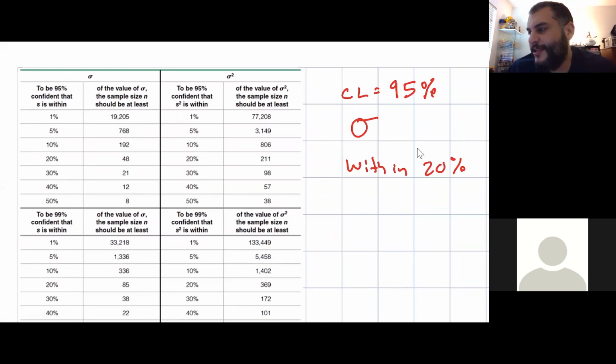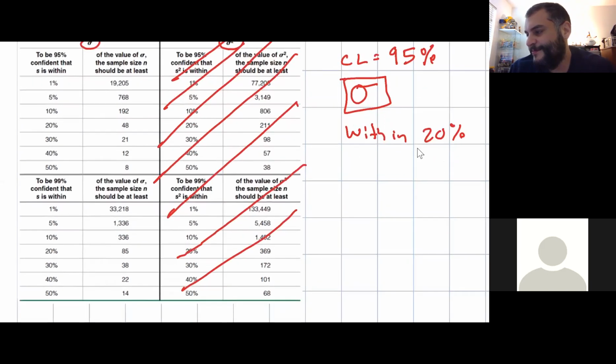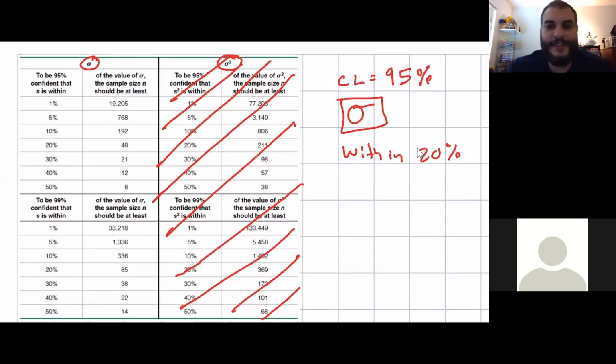If you look on top, this one says sigma, and this says sigma square. That means we're not going to use this side of the table, so we're going to use the left-hand side of the table.